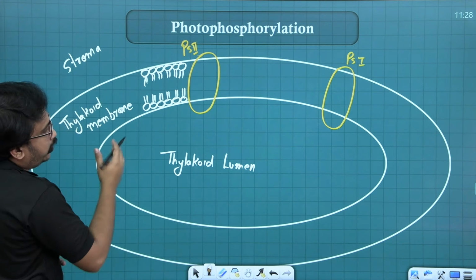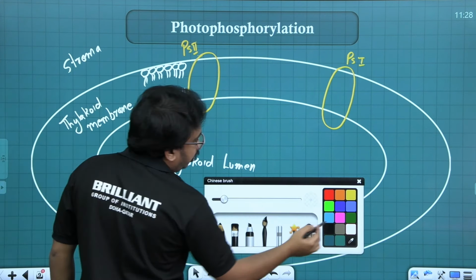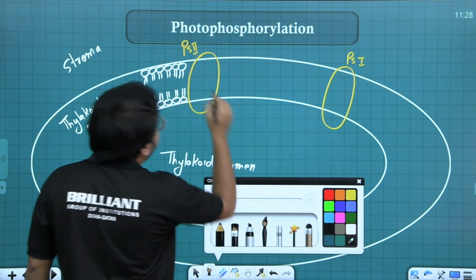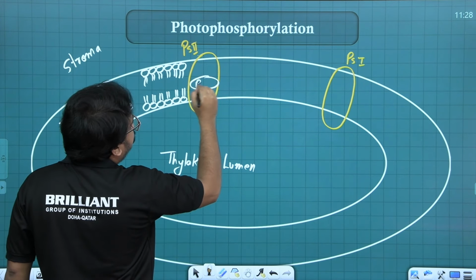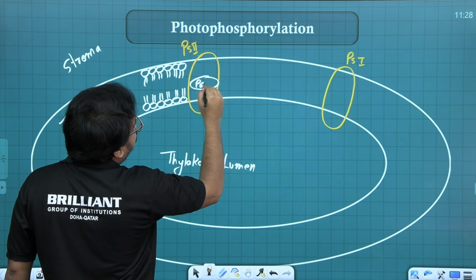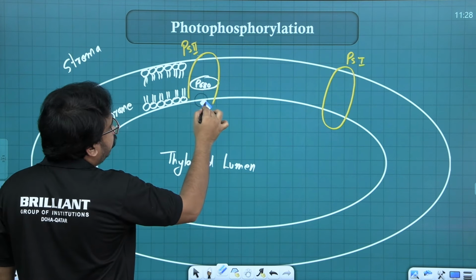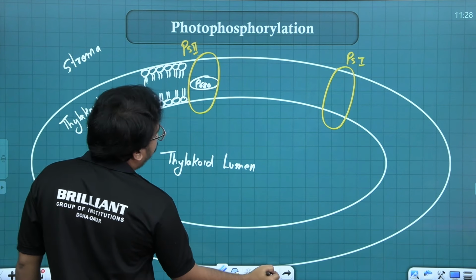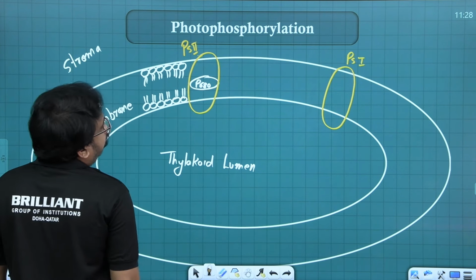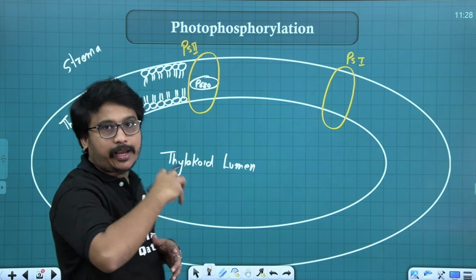And understand, in photosystem 2 there will be a reaction center with P680. That means a chlorophyll A molecule that maximally takes up 680 nanometer light. Now I am going to tell you one step at a time.